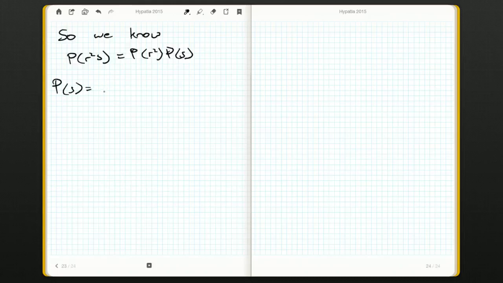So P of s is, well, that's the GCD of s and 1 plus GCD of 2 and s. Let's keep them all in the same order: 1 and s, 2 and s, 3 and s.